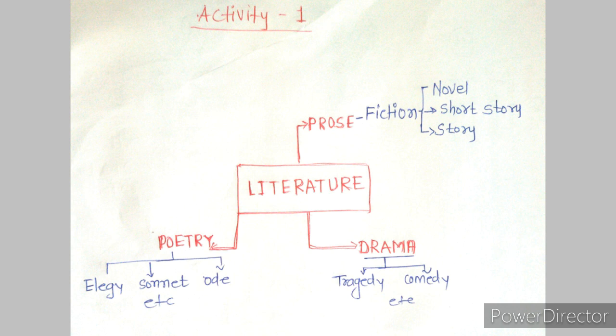Again I have added supportive ideas to explain the meaning of the supportive ideas. Now under prose, fiction is there, and under fiction, novel is there, short story is there, story is there.